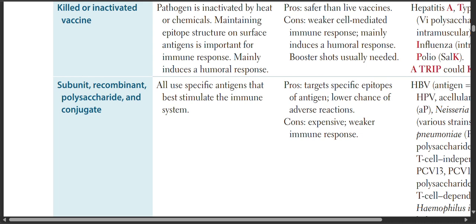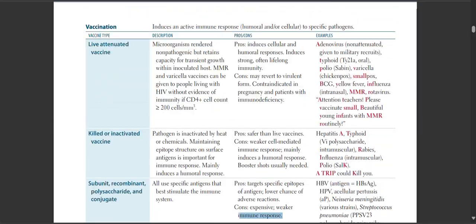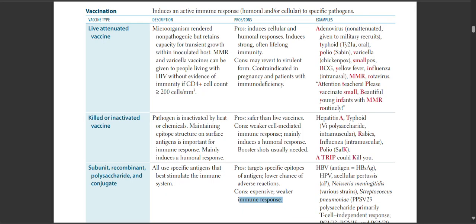But the problem is that because it requires very specific proteins, it's very expensive. And it has a weaker immune response because obviously you're not fighting against the entire bacteria, so the response will be weaker. So any questions until this point with these three?